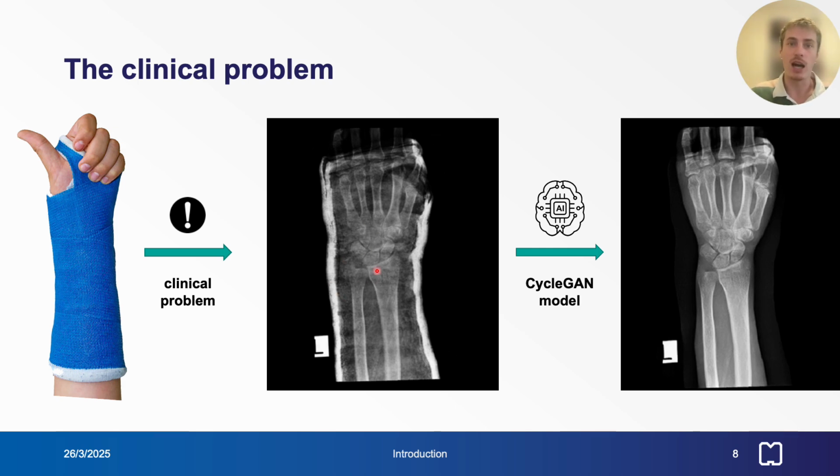So the presence of a cast introduces undesirable artifacts that obscure the visualization of bone structure and encompass the examined anatomy. Our solution to this problem was to apply a CycleGAN model to enhance the diagnosis by suppressing cast shadow artifacts in wrist radiographs.